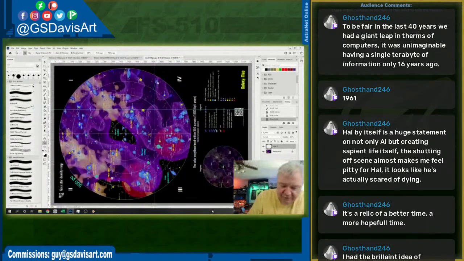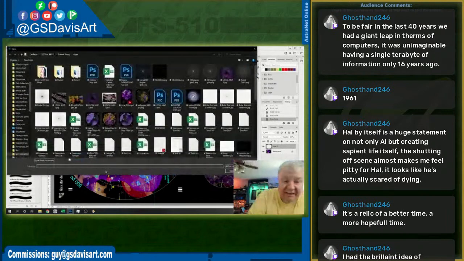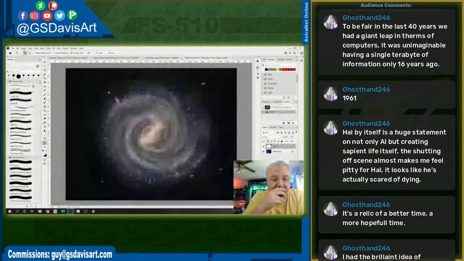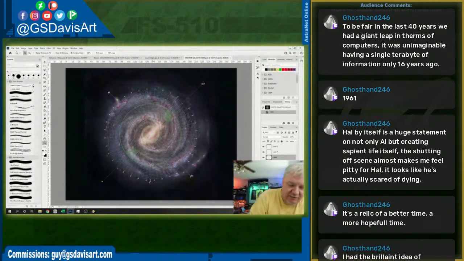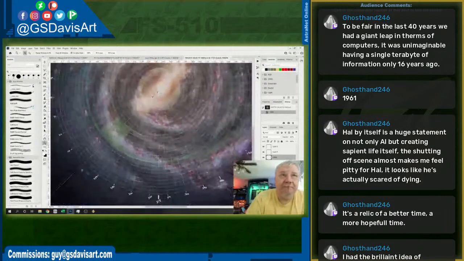The reason that it starts out there is because it's set based on the center of the galaxy, not based on the center of Earth. All of the maps for Bellatrix are centered by galaxy position. Looking at the master galactic map, hoping we don't crash my computer doing all this, this is where everything is centered. So Earth sits right here on the galactic map, right?